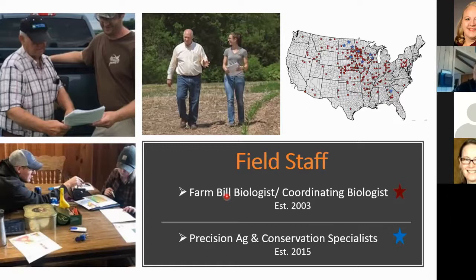For the precision ag and conservation specialists, we currently have 8 individuals on the ground: 3 in North Dakota, 1 in South Dakota, 1 in Minnesota, soon to be 2 in Iowa or in Wisconsin, 1 in Iowa, and 1 in Georgia.